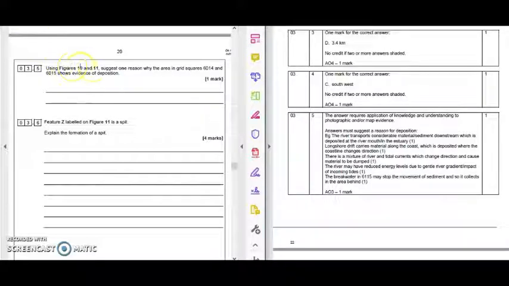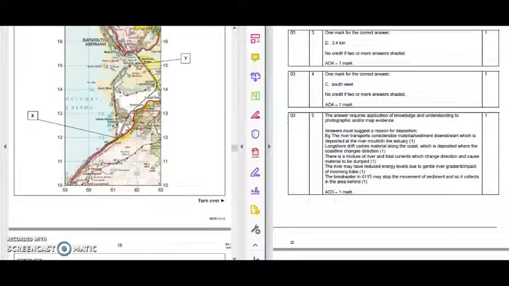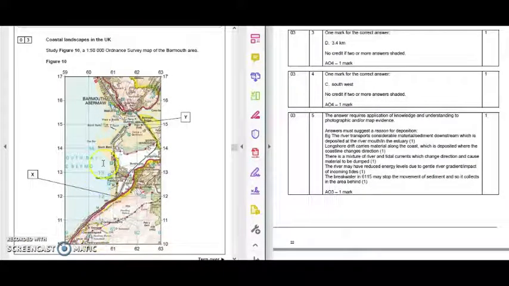3.5, using figures 10 and 11, suggest one reason why the area in grid squares 6014 and 6015 show evidence of material being dropped or deposition. So why is beach material like sand being dropped in 6015, 16? Well, what we could say is, first of all, we realise there's a river here and then the sea here.